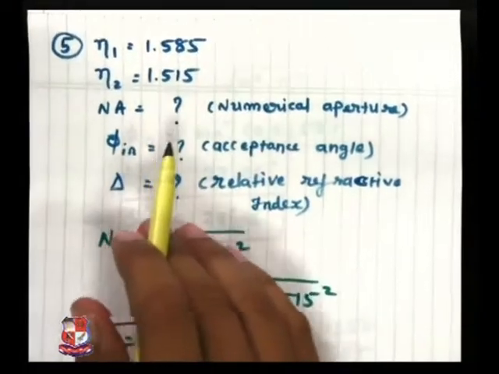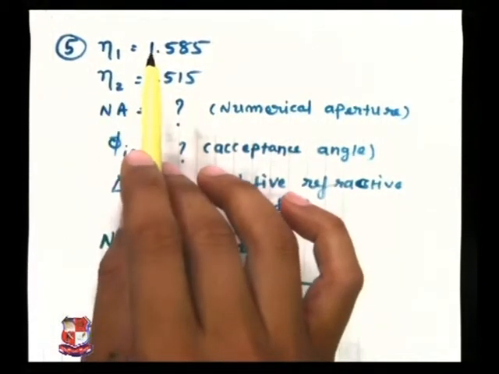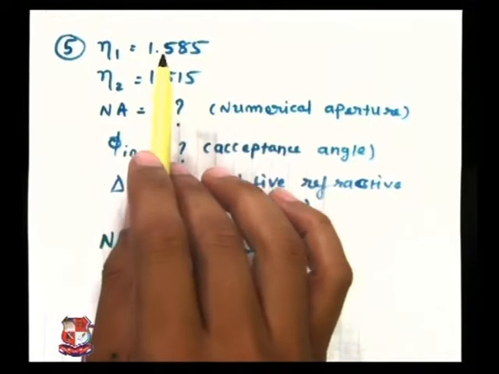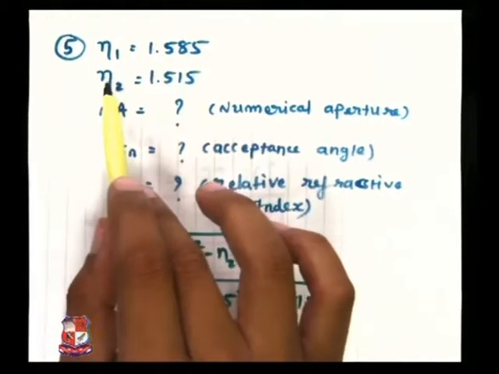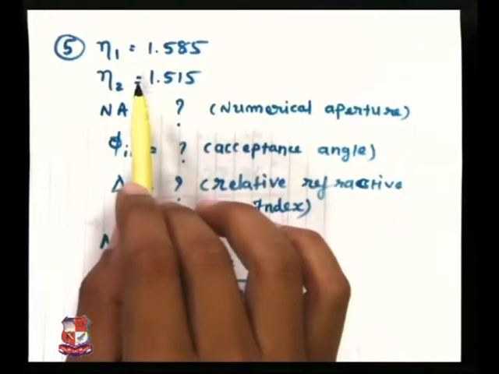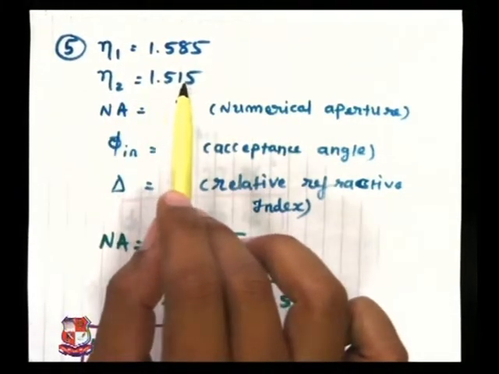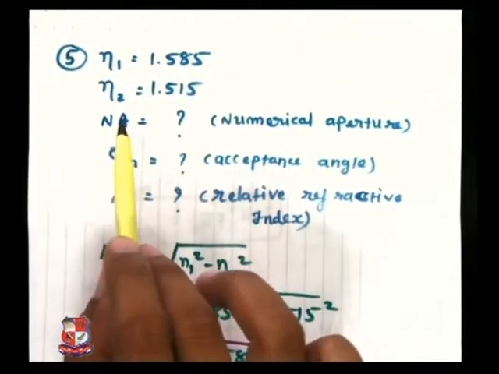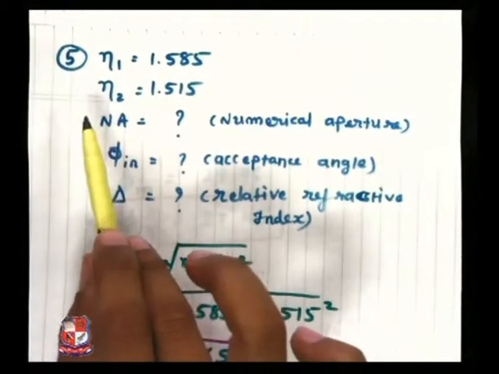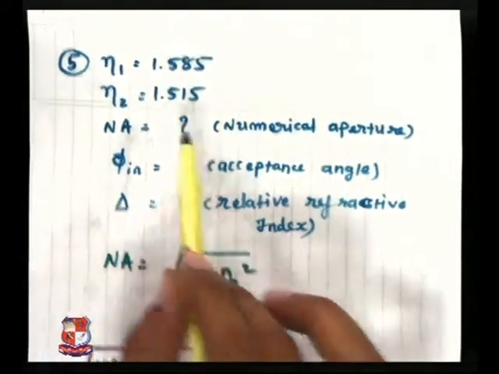Here eta 1 represents the value of refractive index of core, that is 1.585, and in the same manner eta 2 represents the value of refractive index of cladding, that is 1.515. We want to calculate the numerical aperture of the optical fiber.